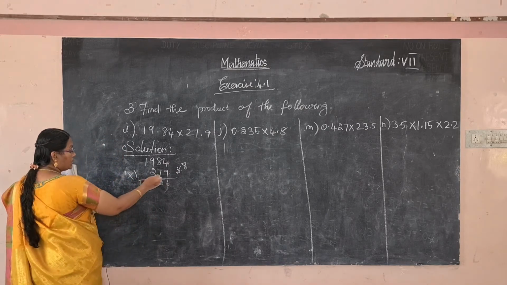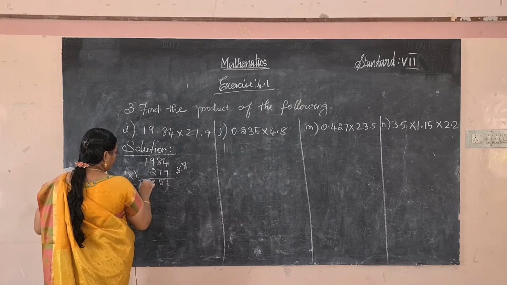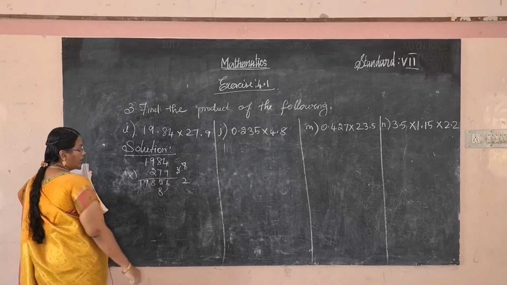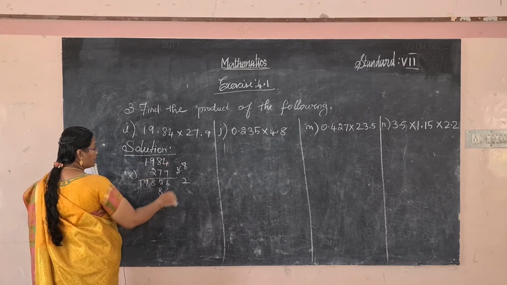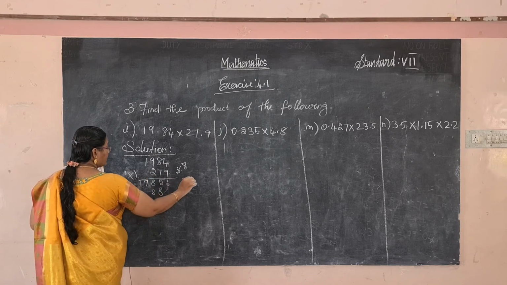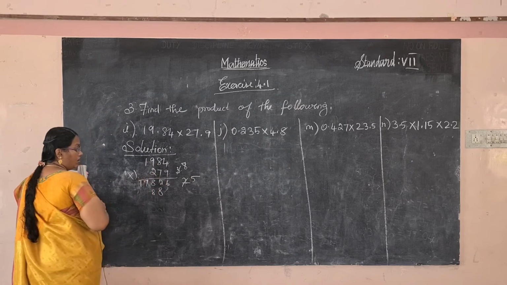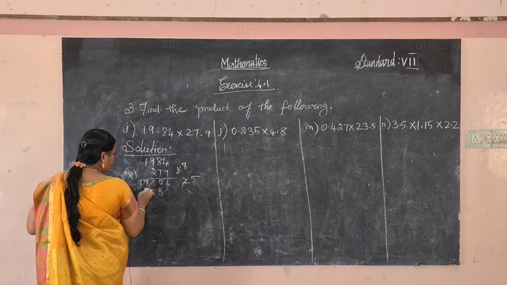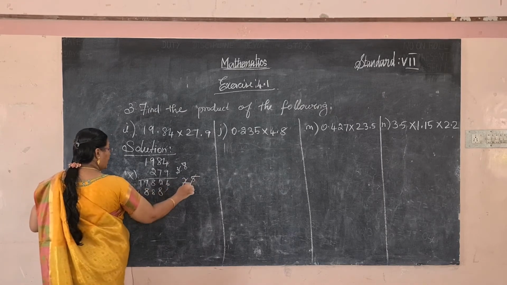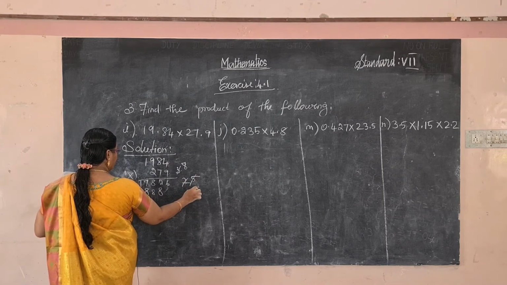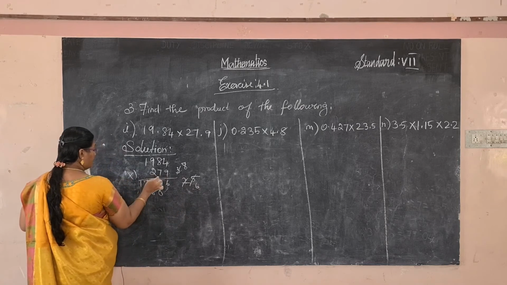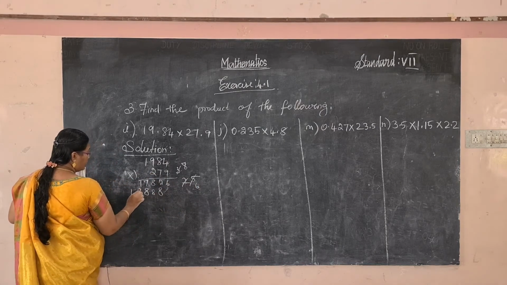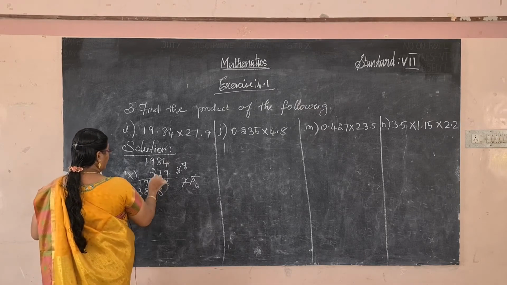Okay, and next, 7 4s are 28. 7 7s are 56, 58. 9 7s are 63. 63 plus 5, 68. 7 1s are 7 plus 6, 13. And next one, 2 table.